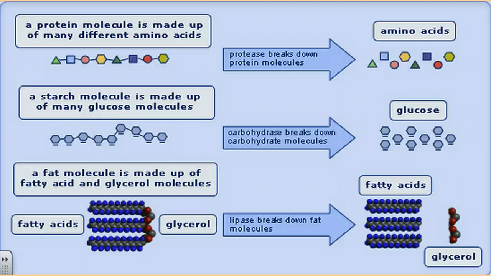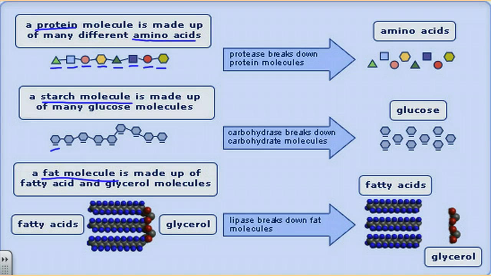I'm going to review the three macromolecules that we talked about in the previous lesson. Again, it's proteins, the starch molecule, which is very large, and the fat molecule. As I mentioned before, the building blocks of proteins are amino acids, and I'm going to use these shapes to represent a chain of amino acids forming a polypeptide.